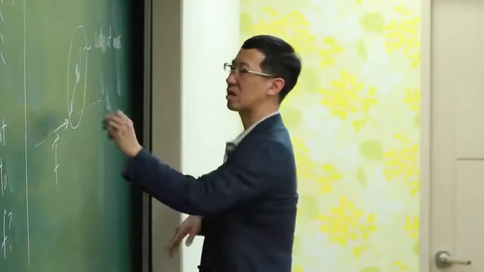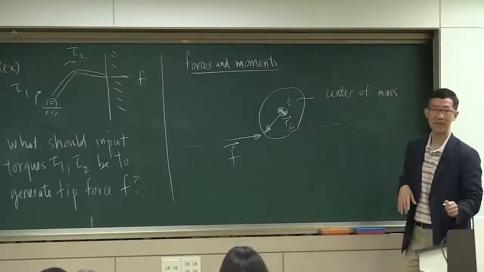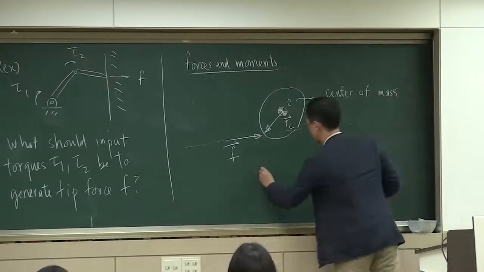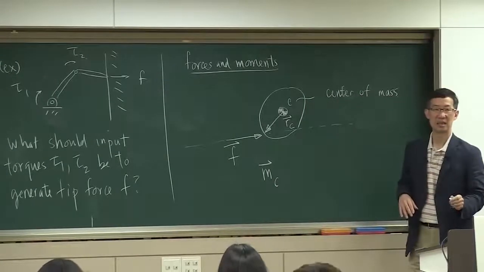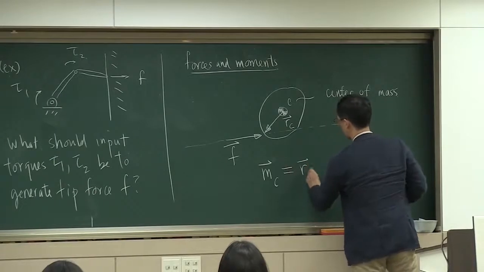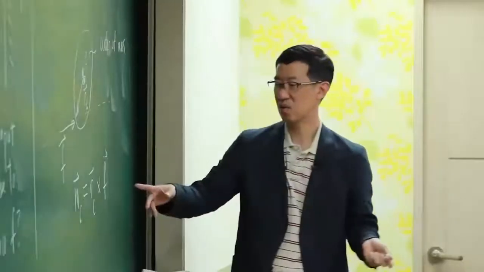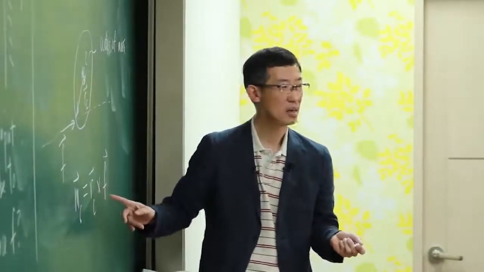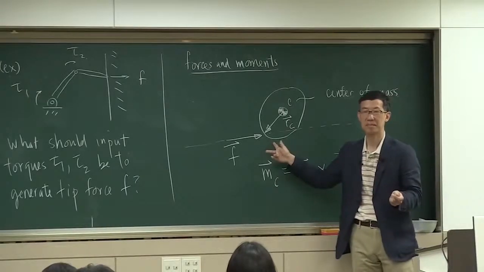Let me call that R sub c. Now the moment about this point C is defined to be R c cross F, that is, the cross product of this vector R sub c with the force F being applied.